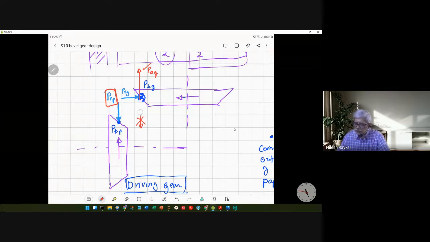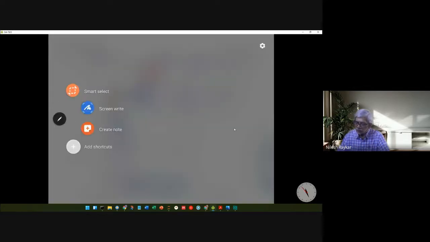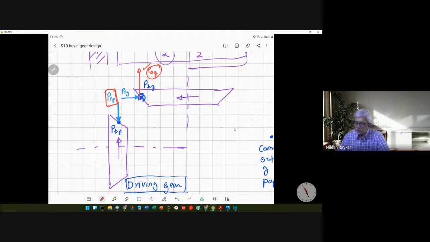In similar fashion, the axial force acting on the driving gear will be opposite to that of PRG. So this is the P axial for the pinion.